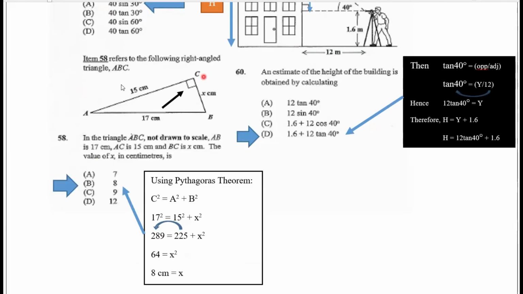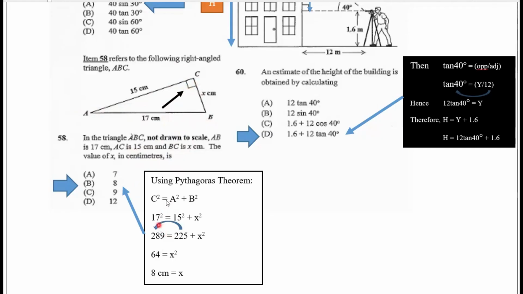58. Refer to the following right angle triangle ABC, not drawn to scale. AB is 17 cm, AC is 15 cm, and BC is x. Value of x in cm is what? So we could use Pythagoras theorem because it's a right angle triangle. C squared is A squared plus B squared, where C is the hypotenuse. That'll be 17 cm, because the hypotenuse faces the right angle.